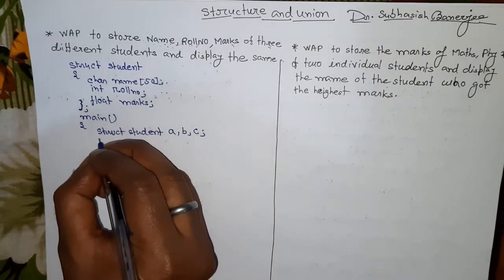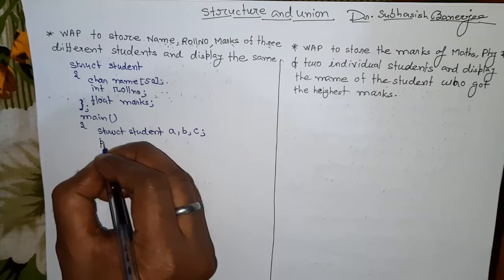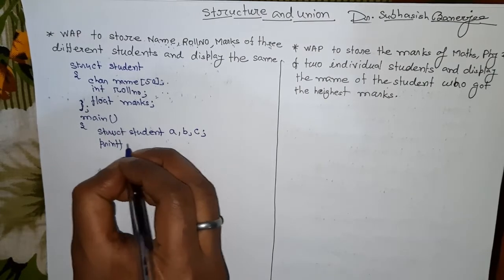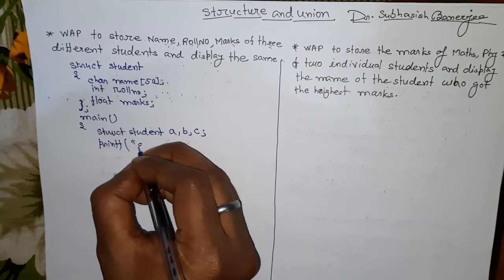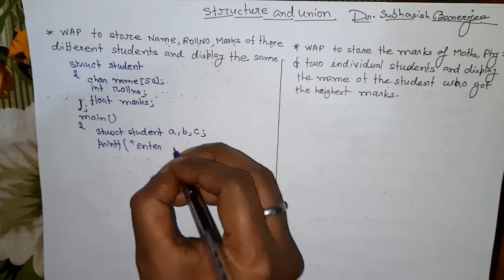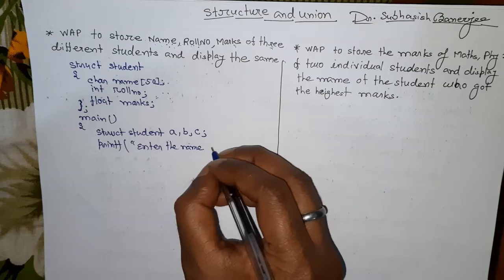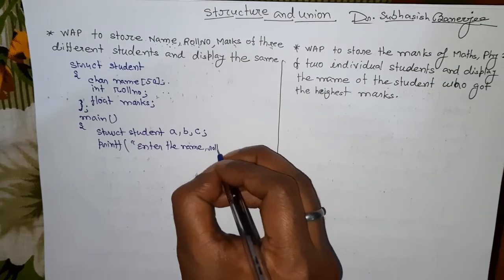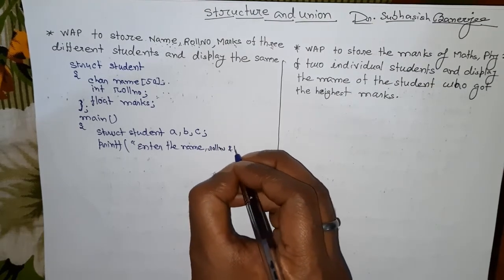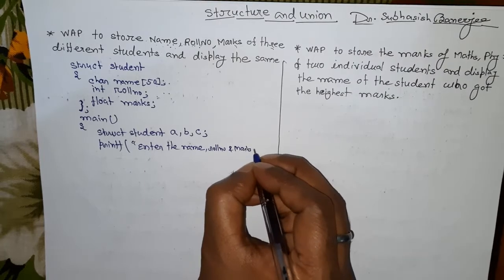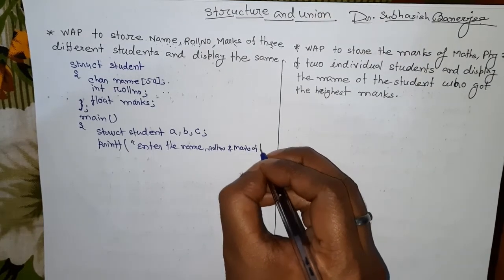So you may display a message like printf: enter the name, roll number and marks of first student.